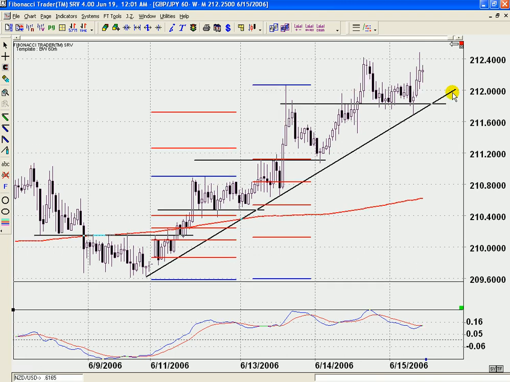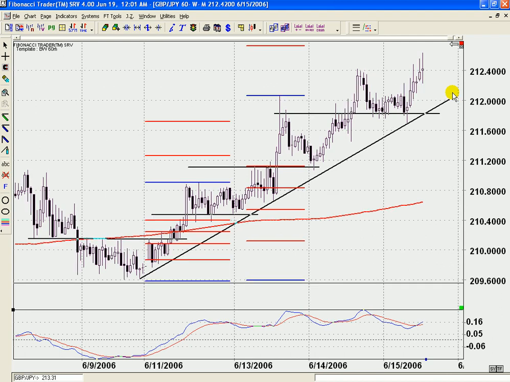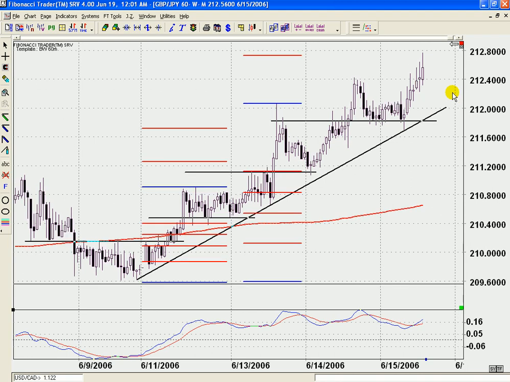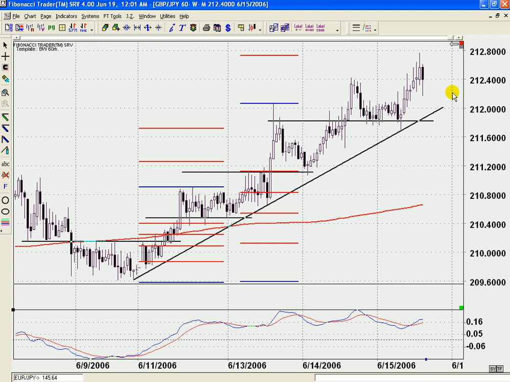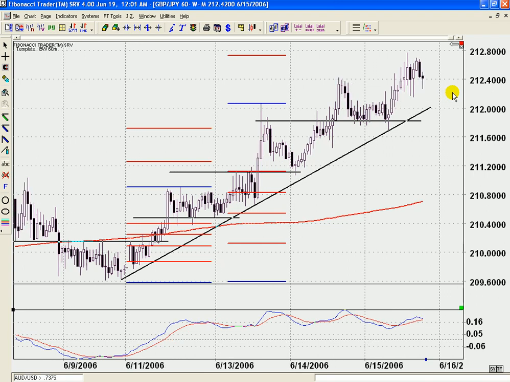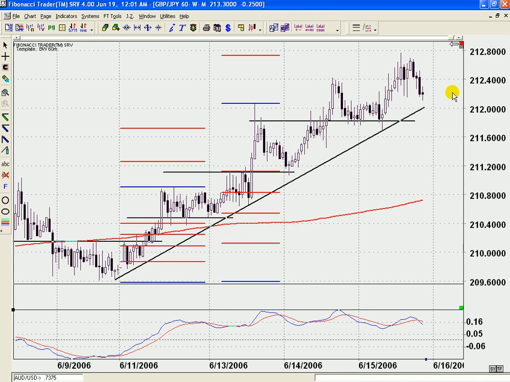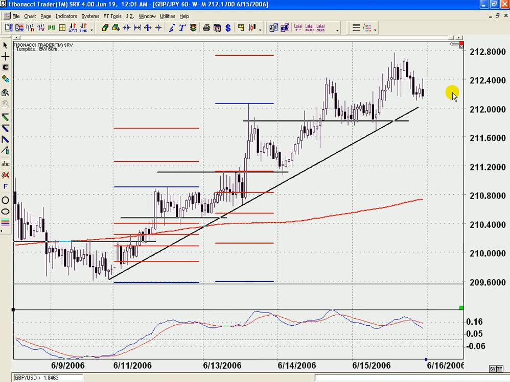Struggling with the highs at the moment. Looks like it wants to get through and is still struggling, but trading above 212.40, and now it is trading and holding above 212.40. Trend is getting a little weak at this point now, seemingly getting weak.